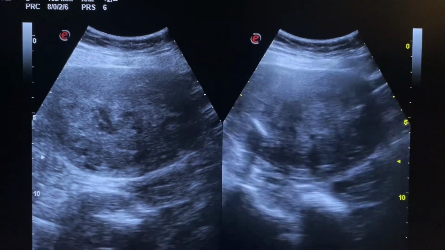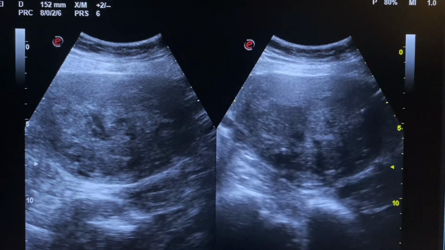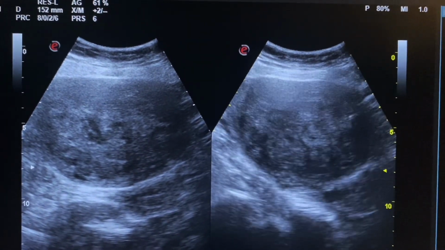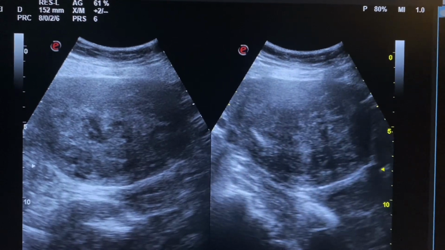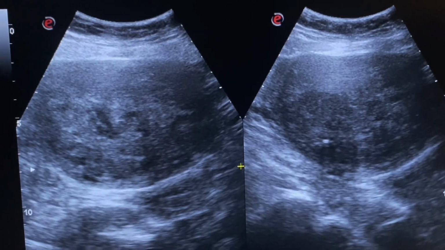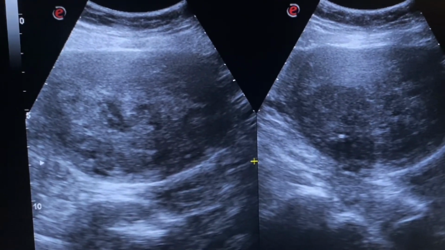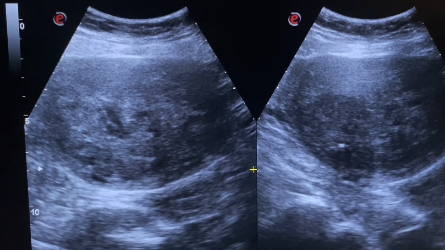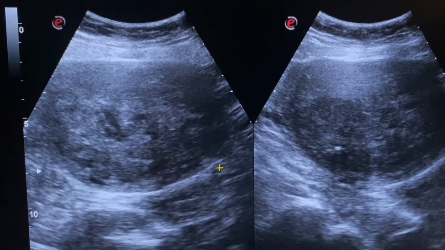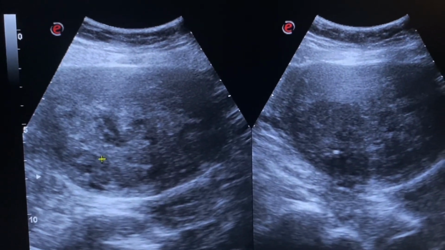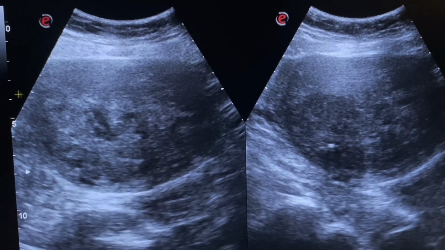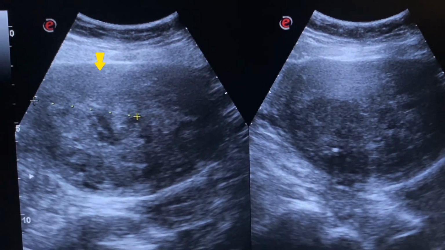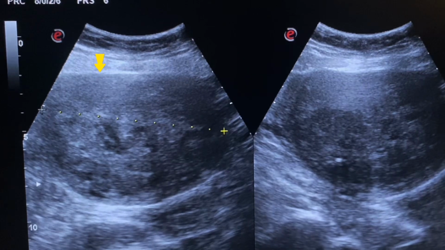Now we will measure the size and volume of the uterus. For volume we need three dimensions, in transverse and oblique views. Now we are measuring the width of the mass.